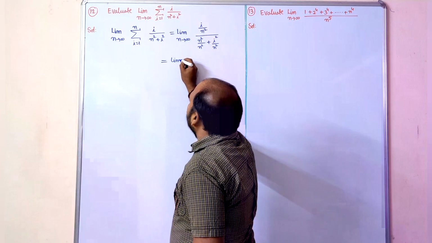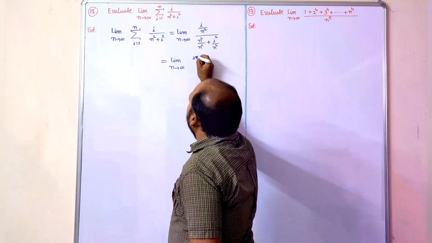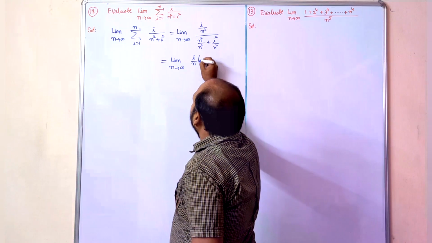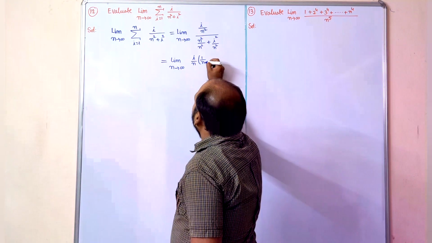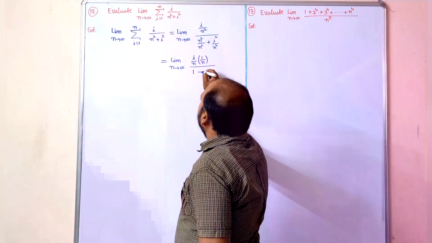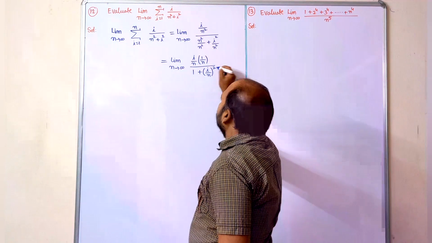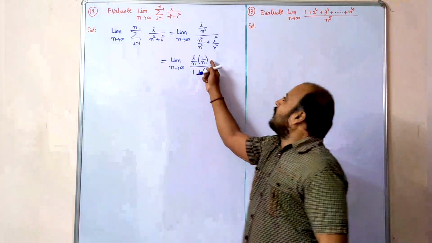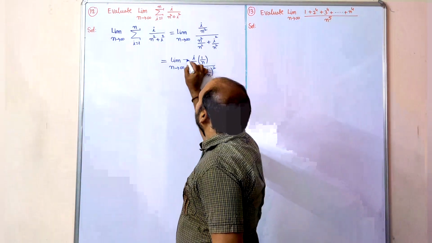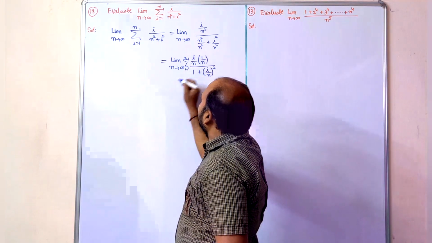Limit n tends to infinity, i by n into 1 by n divided by, here n square by n square is 1 plus i by n whole square, we can write it. In the next step 1 by n I am taking this side, sigma i is equal to 1 to n.